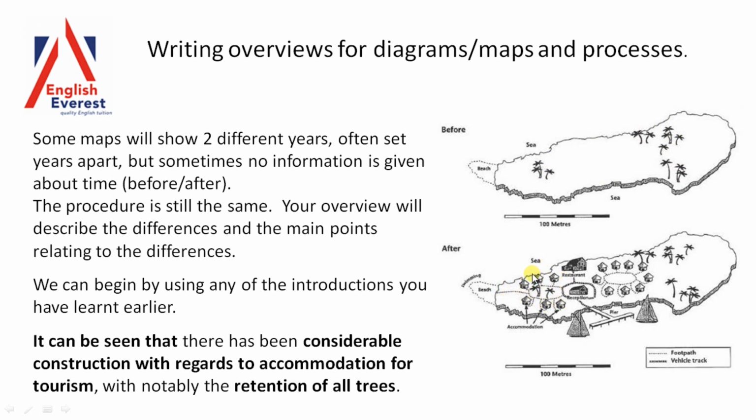Second one, a lot of construction here, but the trees have still been retained. So you could cite those 2 things as the main features for your overview. There was nothing there before, now there's a lot of things, but the trees are still there. That's basically what you're saying, but obviously using more academic language.